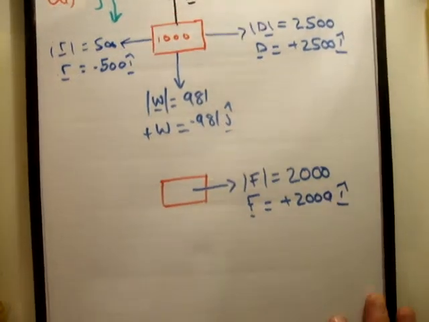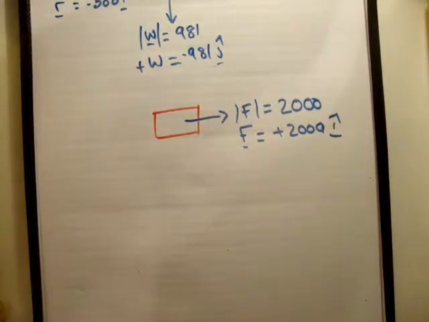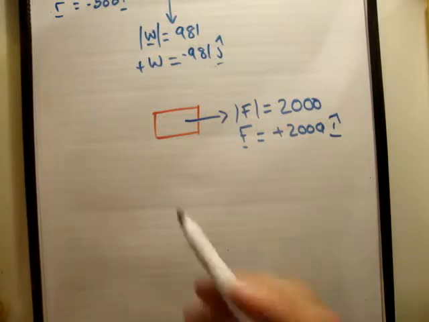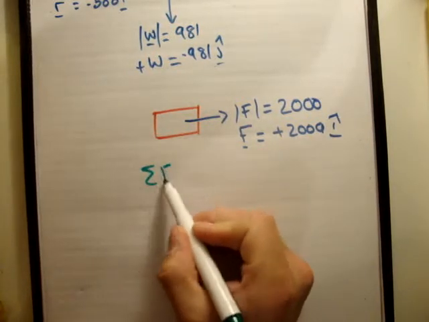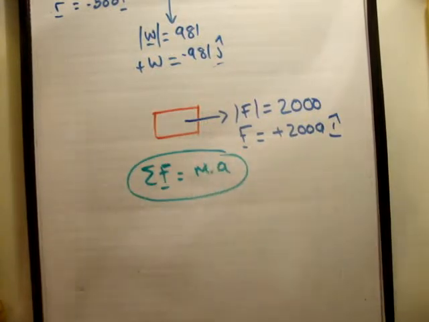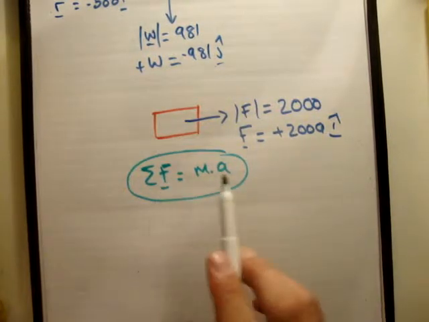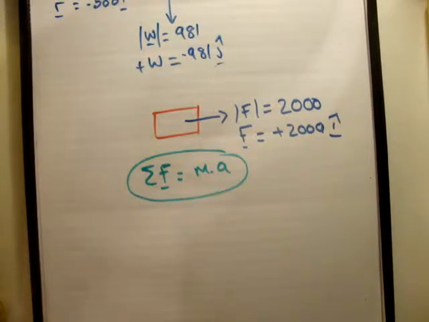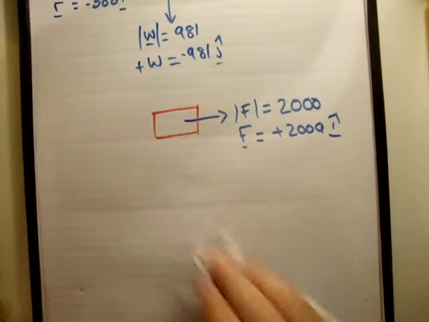Alright? Now the next thing we need to do is work out what acceleration that has on the car. Remember, Newton's second law states that the sum of the forces is equal to the mass times acceleration. And that means if there's a force, there must be an acceleration. Similarly, if there is an acceleration, there must be a force. So what is our acceleration?